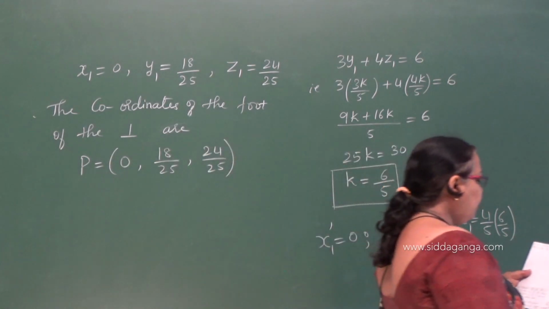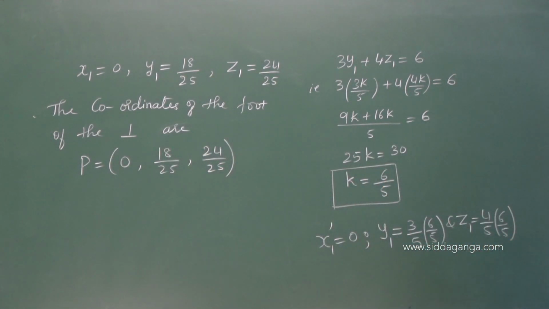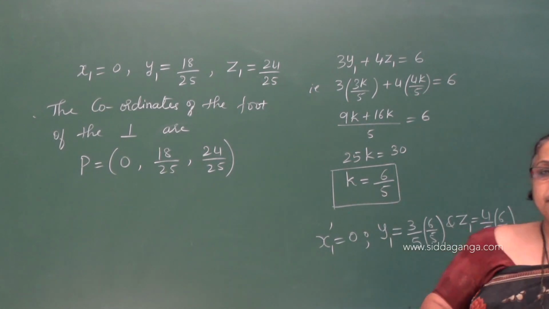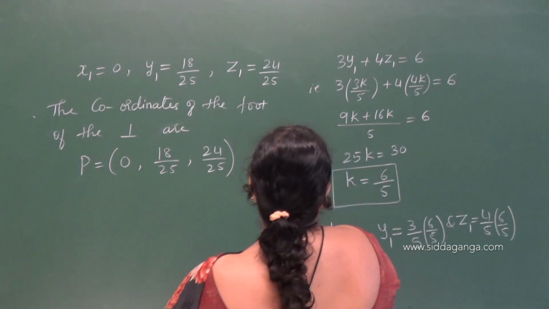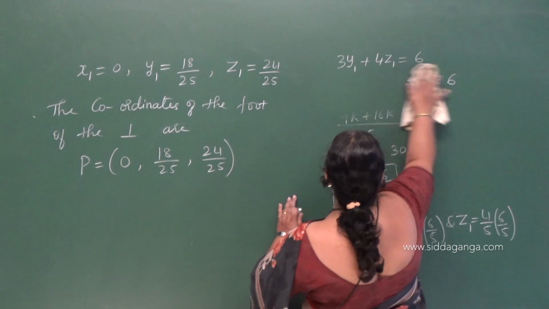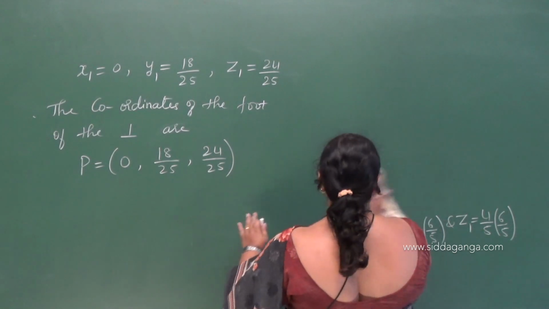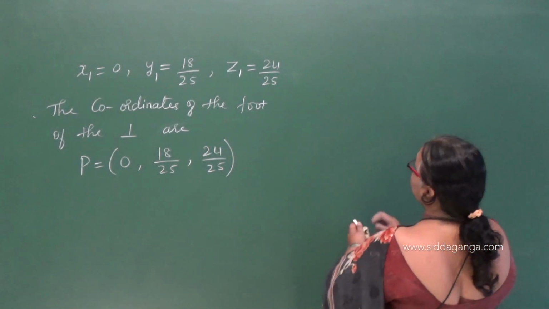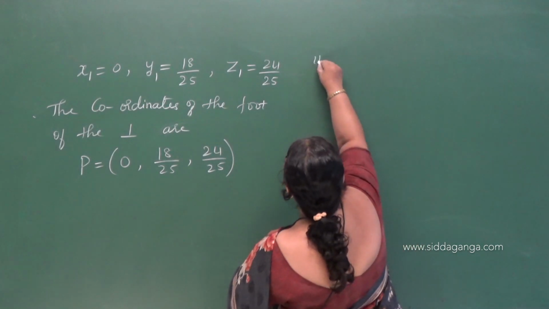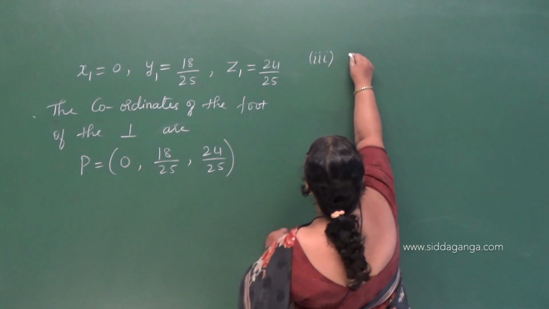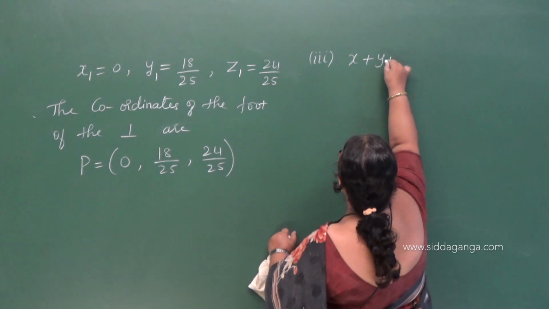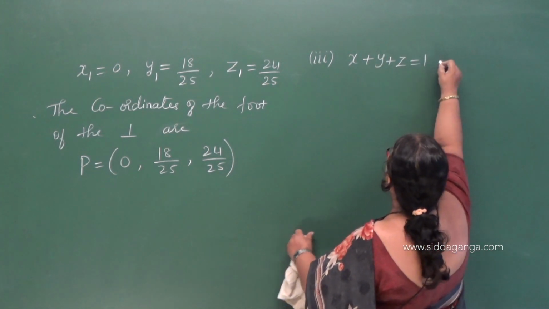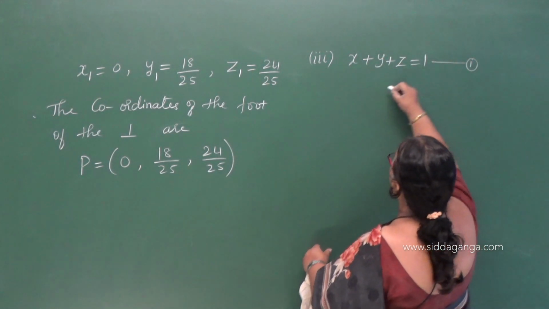Third example, x plus y plus z equal to 1. The third example here is x plus y plus z equal to 1. The fourth one you do yourselves. x plus y plus z equal to 1. This is equation 1.